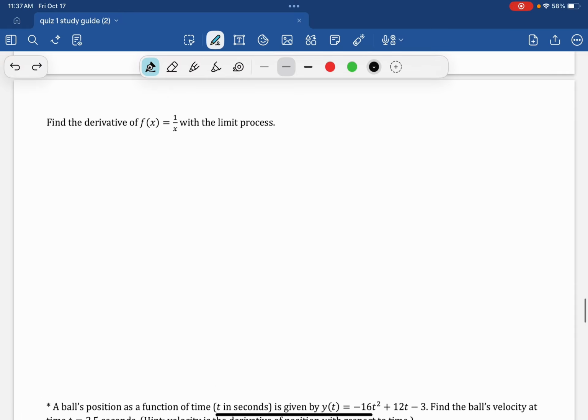All right, this one's a little harder because there's a fraction. And we're not very good at fractions, are we? So let's write the definition first. Then plugging in.